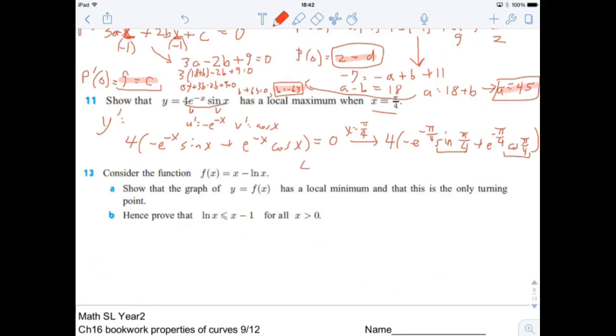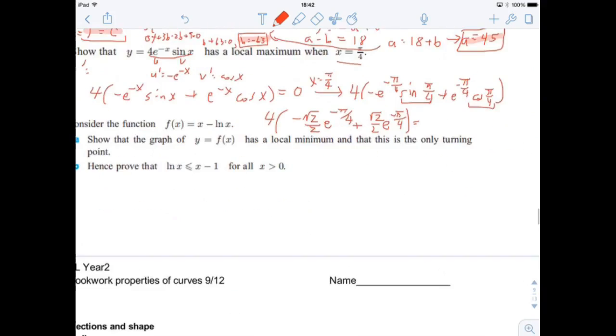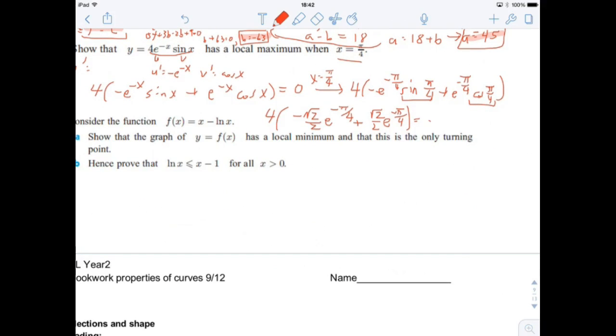So let's rewrite this. We'll have negative square root of 2 over 2 e to the minus pi over 4 plus square root of 2 over 2 e to the minus pi over 4. So now we can factor out an e to the minus pi over 4.